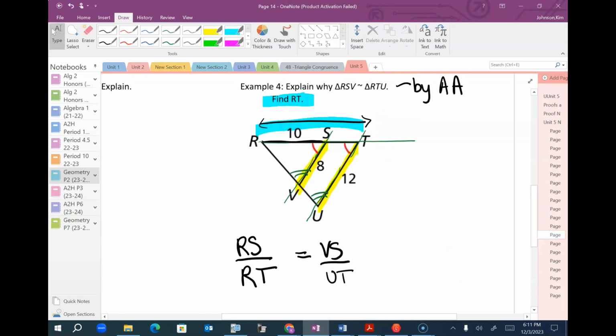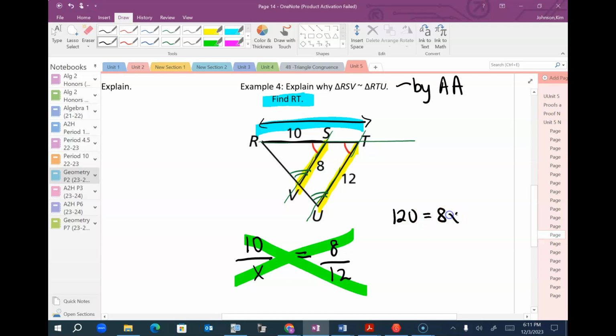Our job is to find RT. So let's go ahead and start filling in what we know. RS is 10. RT, I don't know, so I'm going to leave that as x. VS is 8 and TU is 12. So we're going to solve this proportion by cross multiplying. So 120 is equal to 8x.